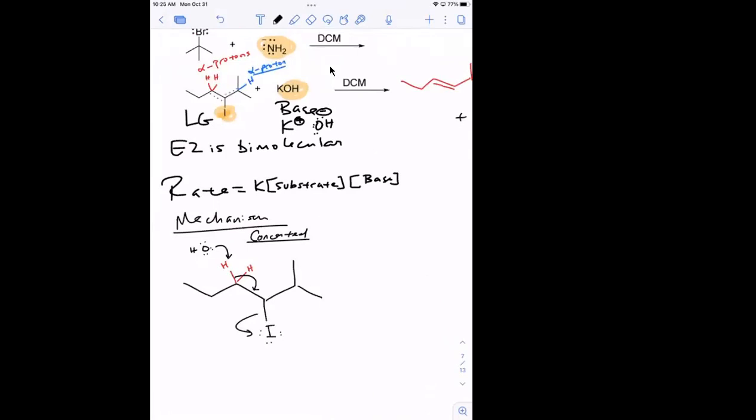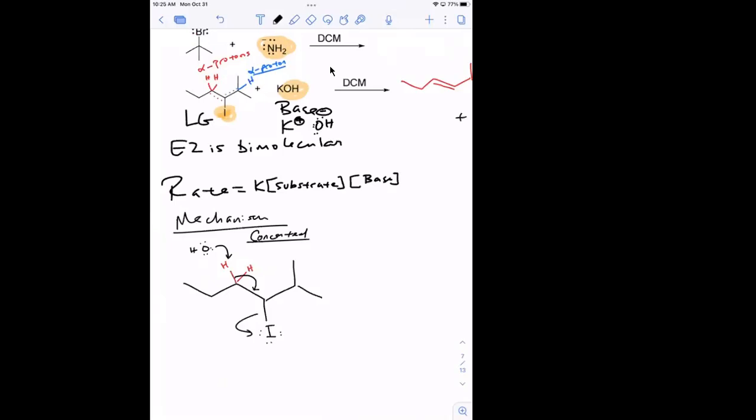If you constructed an energy diagram for this step, how many humps would it have? If everything is concerted and there are no intermediates, one. It's going to have one hump.